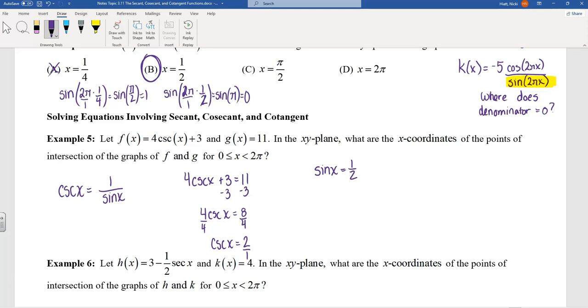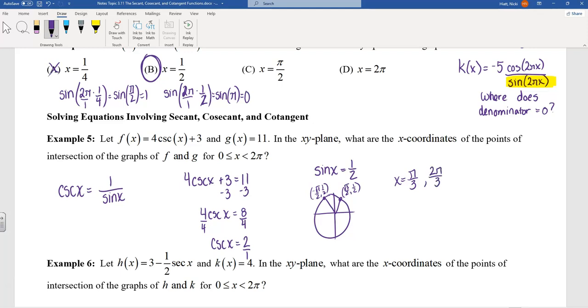So, can I find where sine of x equals 1 over 2? Oh yeah, we can do that, right? On the unit circle, that's your y coordinate. So it's right here, root 3 over 2, 1/2. And it's also right here, negative root 3 over 2, 1/2. And that is at pi over 3 and 2 pi over 3.